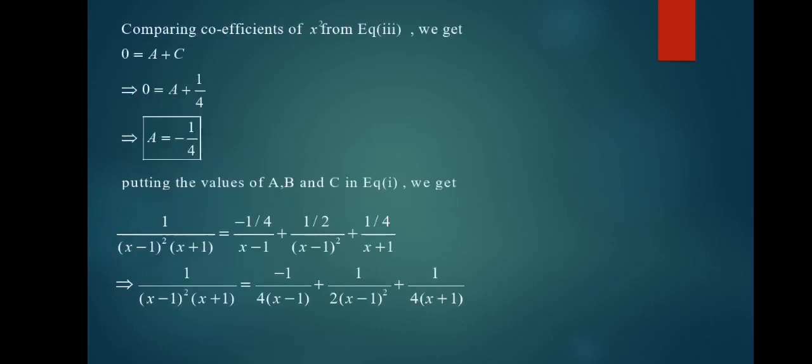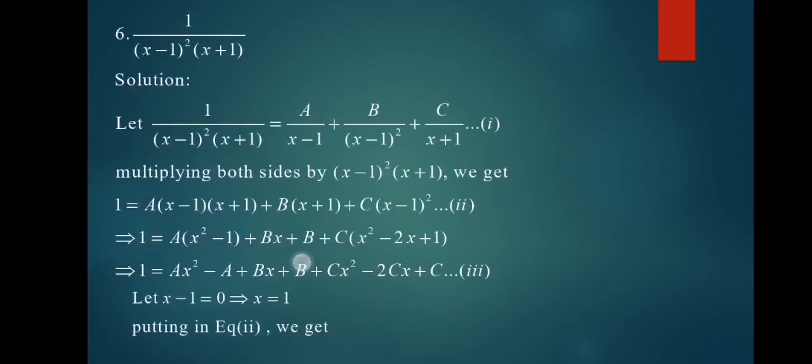But the value of a is still to be determined, and for this we will again compare the coefficients of the x with highest power on both sides of equation number 3. Now you can easily observe over here that on the left hand side we do not have any term containing x square.